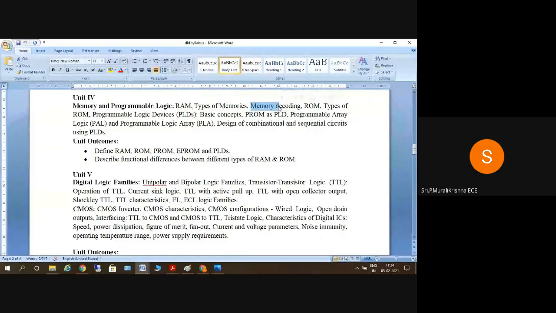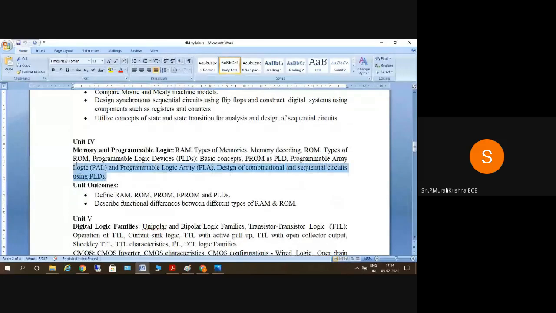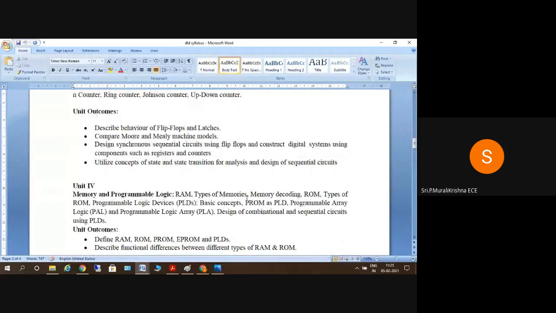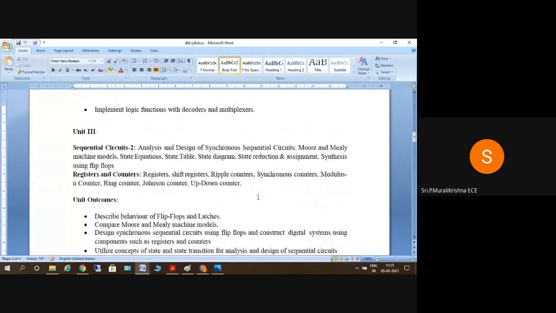I think we covered almost all topics, including sequential programmable devices. So only memory decoding is left. Whatever circuits we discussed are combinational circuits only, like BCD and XS3 converters. So we are done with this unit except one topic, which we'll discuss later. It is a simple concept, but you have to understand it.